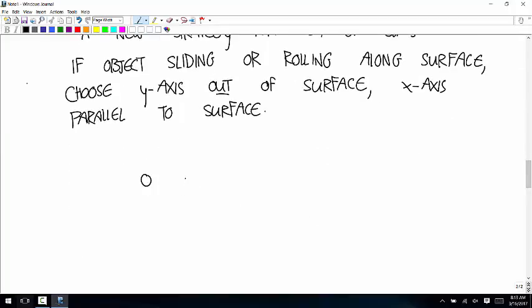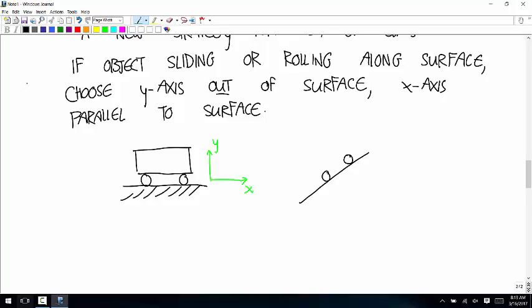So if you have a case like this, that means the coordinate system looks like that, like we're used to. If you have an object on an incline like this, the coordinate system has the y-axis at an angle and the x-axis parallel to the surface.